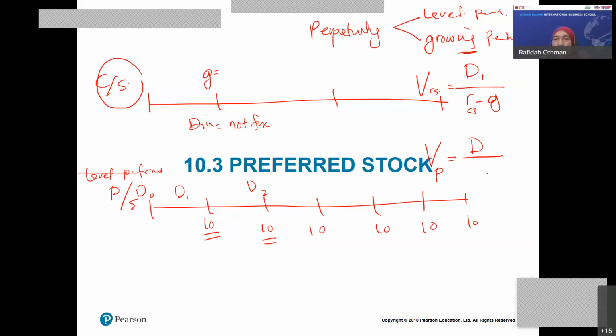And do we have growth? We don't have growth, so the dividend doesn't grow. We only have the return for preferred stock. So this is the formula for valuing preferred stock.